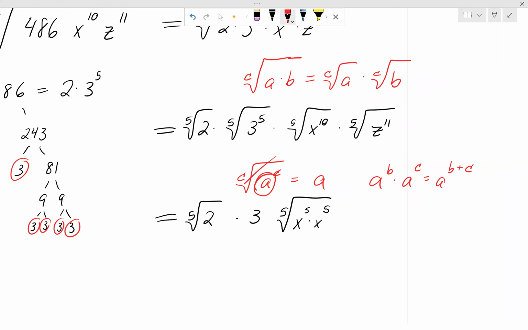I know that 10 is 5 plus 5, so x to the 10th is x to the 5th times x to the 5th. I'm going to do the same thing with the fifth root of z to the 11th. I'm going to have the fifth root of z to the 5th times z to the 5th times z to the 1, since 5 plus 5 plus 1 is 11. So I'm using this property again.